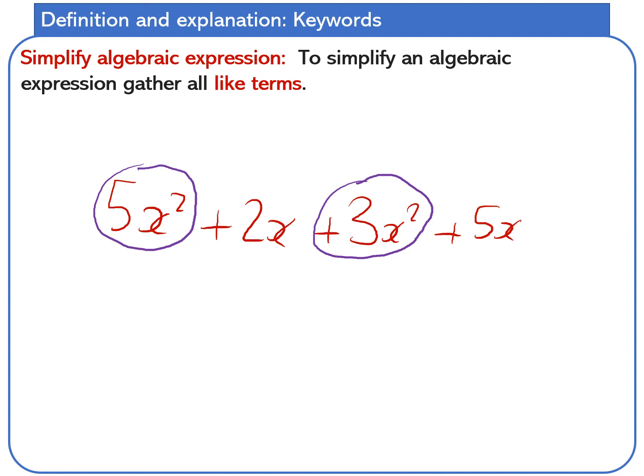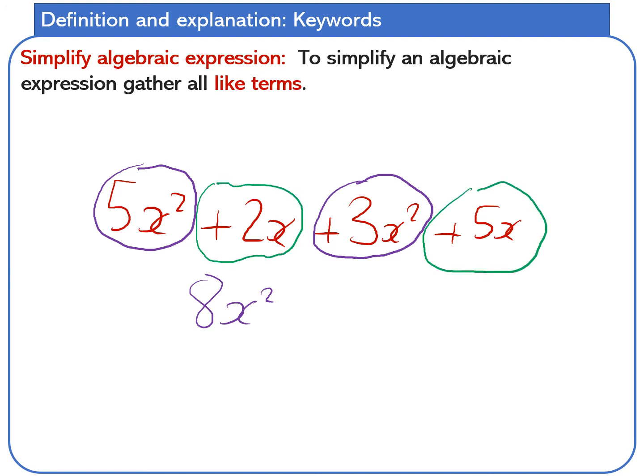That's really important when we're dealing with negatives. The x squared and the x are not like terms, so the power has to be the same for both of those. So 5x squared plus 3x squared gives us 8x squared, and then 2x plus 5x gives us 7x. I cannot simplify that any further.